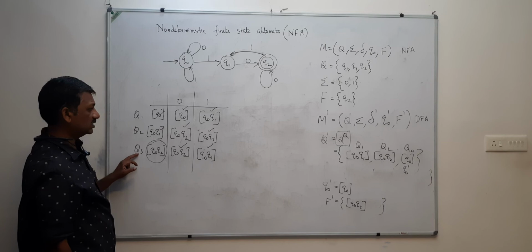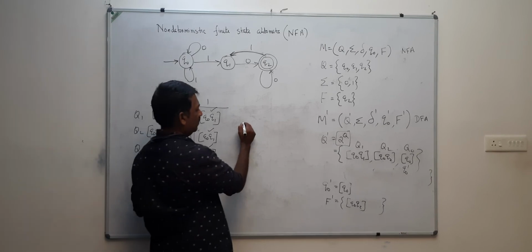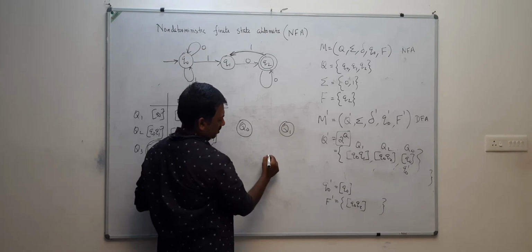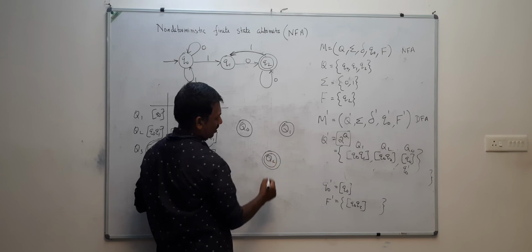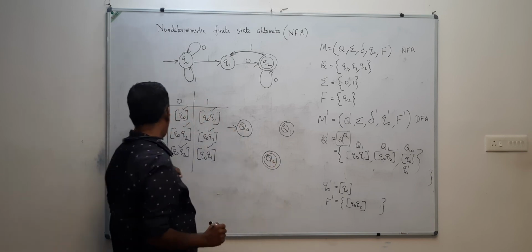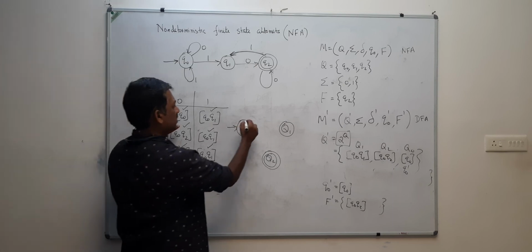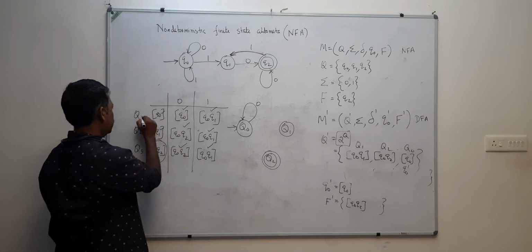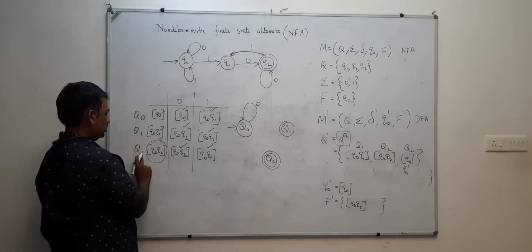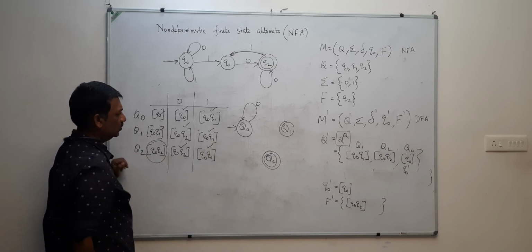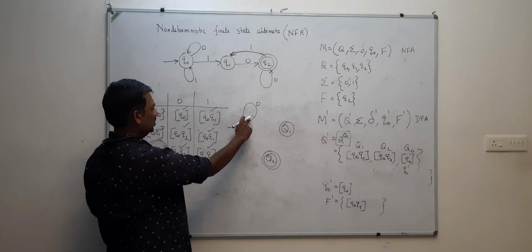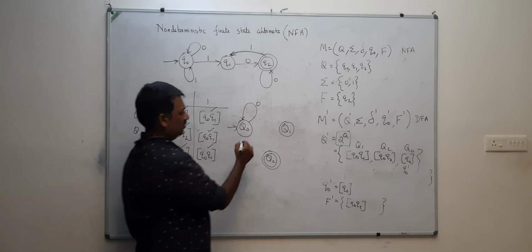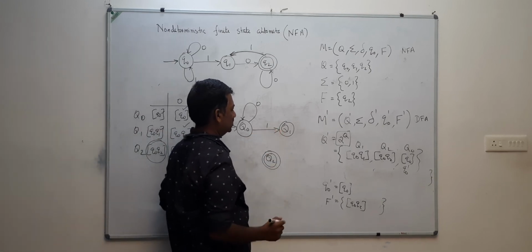That means q3 is the new final state, and you have q0, q1, q2. q0 upon reading 0 stays in the same state q0, and q0 on reading 1 moves to {q0, q1}, which is represented by q1.